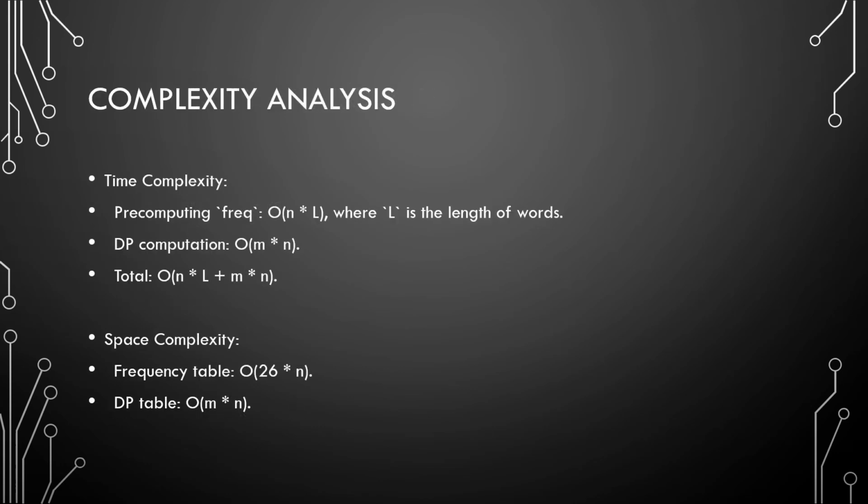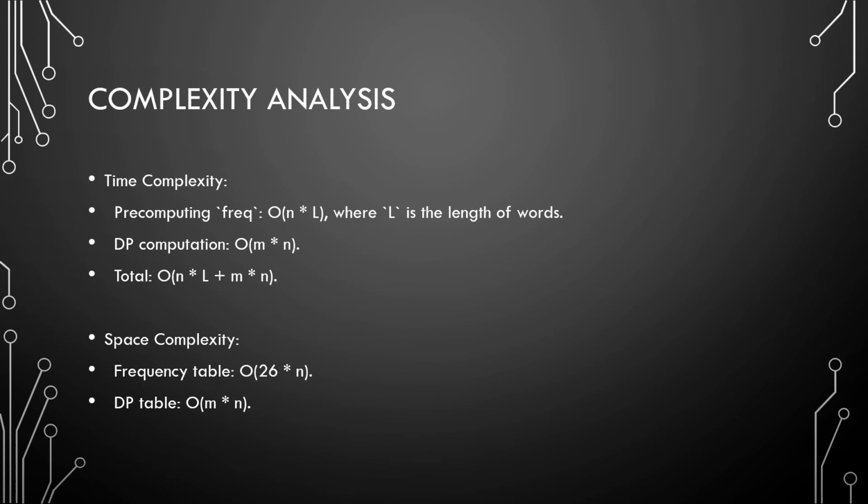Let's now analyze the time and space complexity of our solution. Time complexity. Pre-computing the frequency table takes O(n times L), where L is the length of words. The DP computation takes O(m times n), where m is the length of the target string.